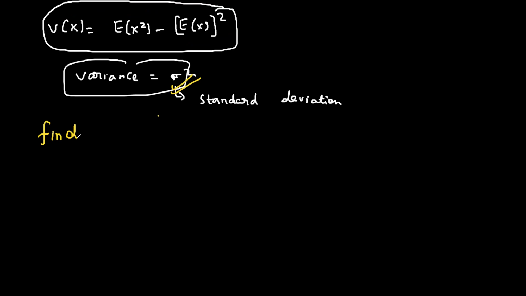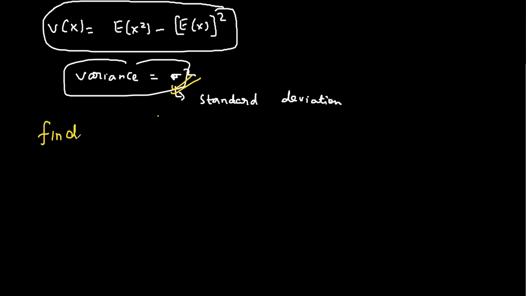So if I say your marks is 75, it doesn't mean that you are good. If I say your marks is 75 with standard deviation 3, it means that you are very near to the mean. But if I say your marks is 75 with standard deviation 10, it means you are not very close to the mean, right?